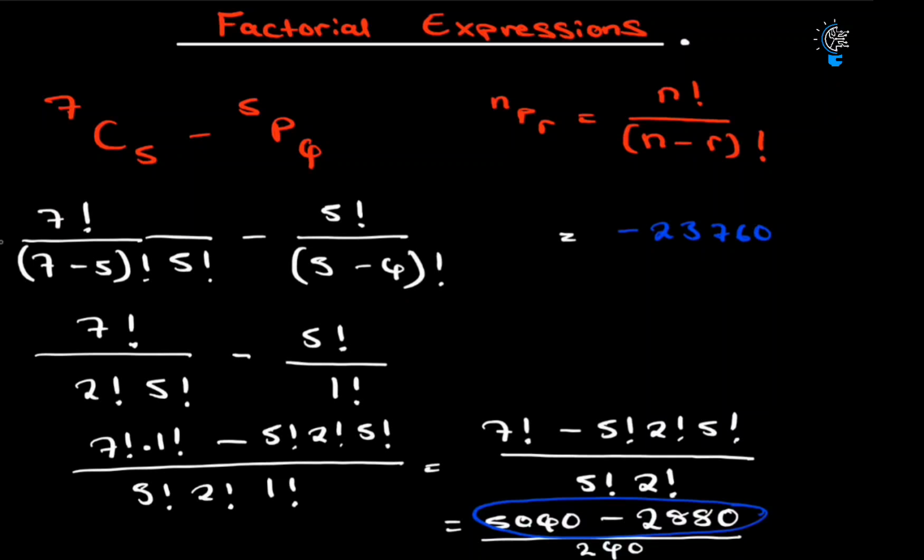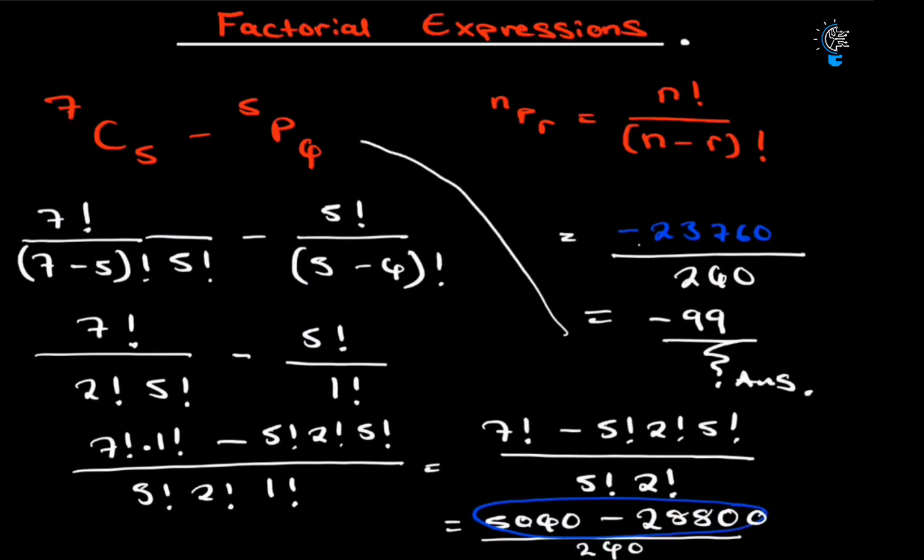Okay, I've noticed the mistake. So it's a 280 and another 0 at the end. So that we get this as a result, divided by 240. And once you do the math, you end up with negative 99 as your answer. So this is the answer for this expression.